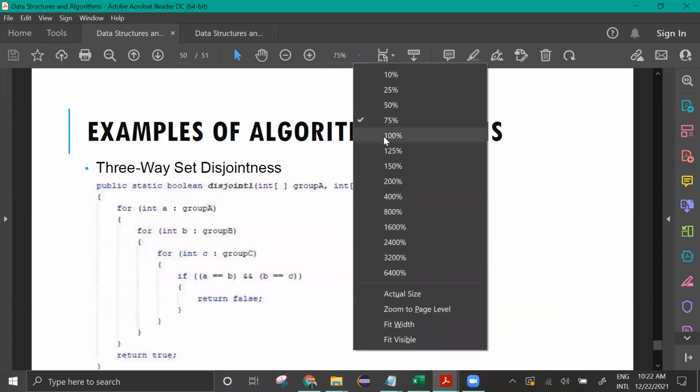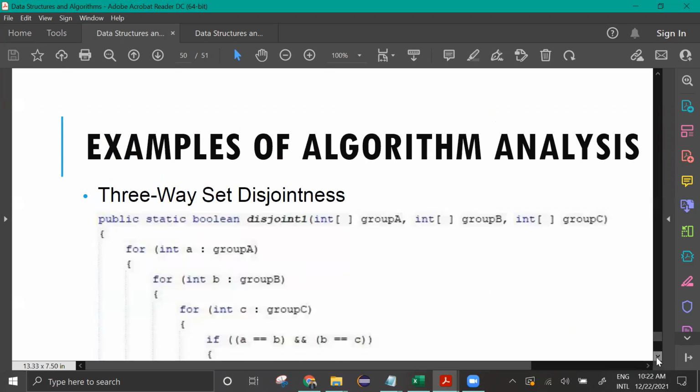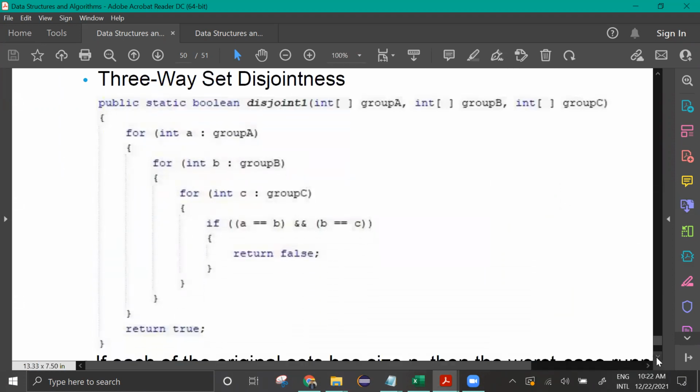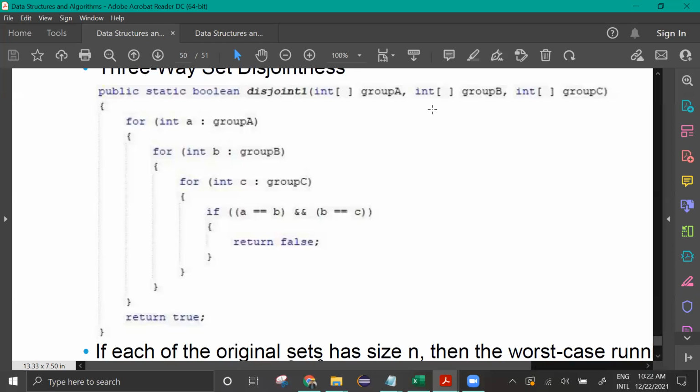So another application, right? This function, so we have 3 arrays.